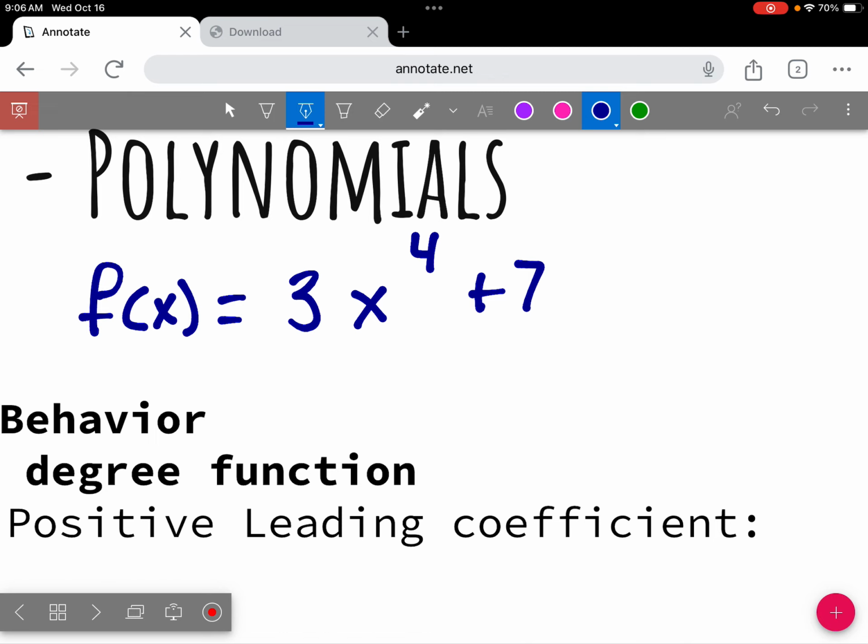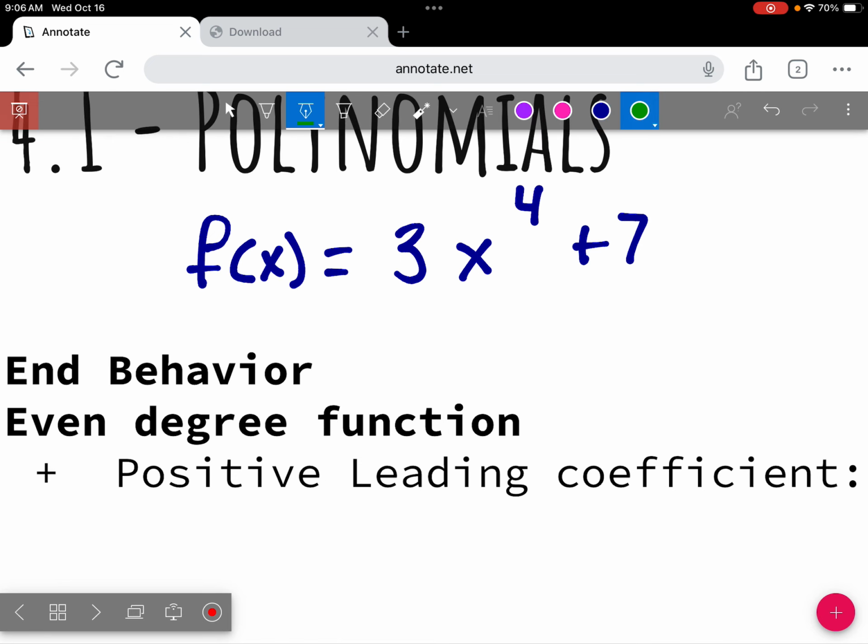If it was a 4th degree function, it might look like a W, but they're still both pointing up. If it's a 6th degree function, it'll have another squiggle, and then it'll still point up. So even degree functions have end behavior where they point the same direction. It could be that they have both pointing up or both pointing down. So it's going to match.